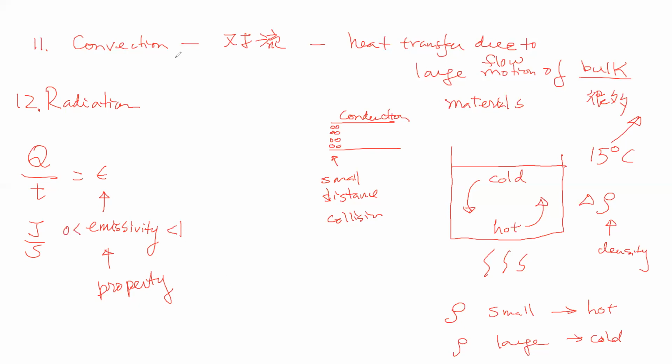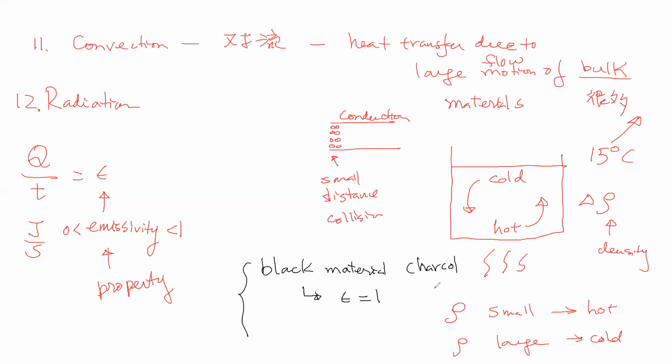So if you have, let me change the color. If you have a black body, black material, right? So like charcoal. Okay. This one here, emissivity is equal to 1.